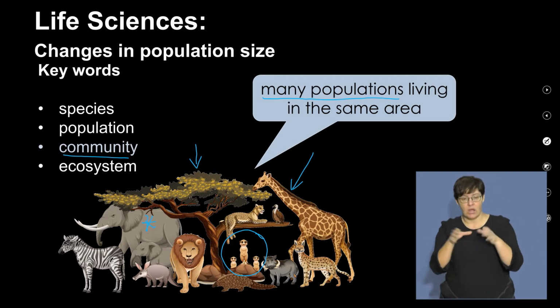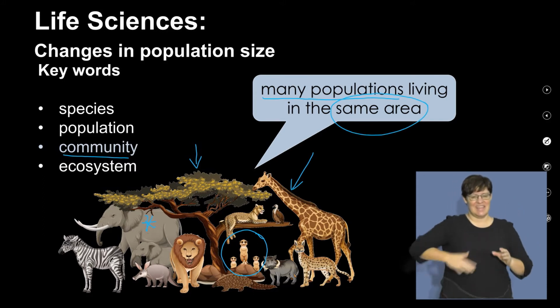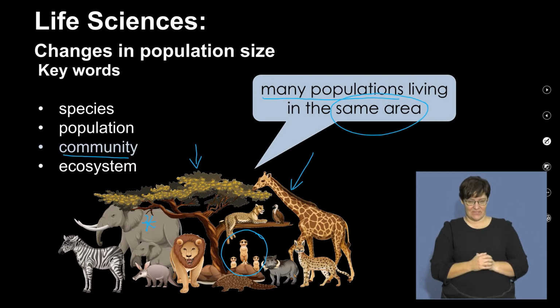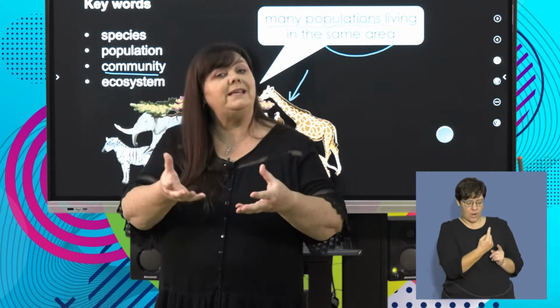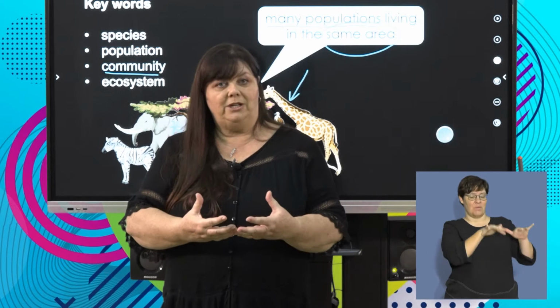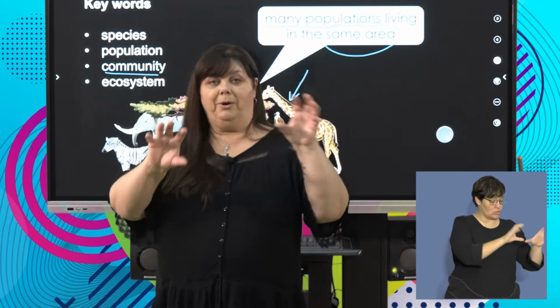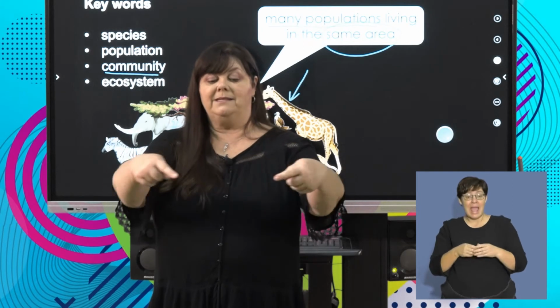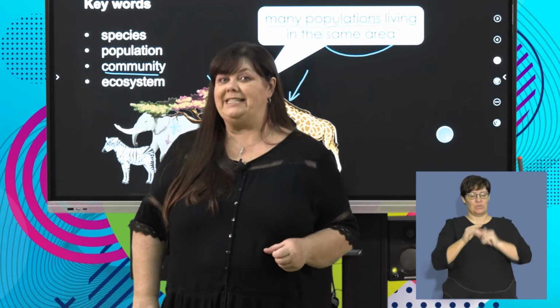But here's the kicker. It must be in the same area. So the collection of a species in the same area is a population. A collection of different populations in the same area, that's our community.